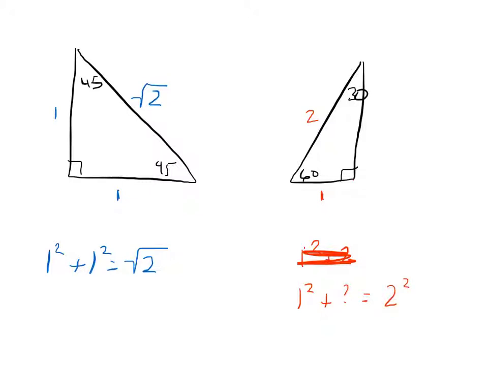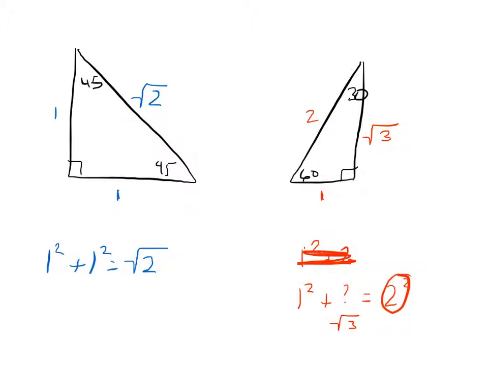So solving that, this would be 4 minus 1, so this side would be the square root of 3. So we can say the length of this side over here is the square root of 3. So in a 30, 60, 90 triangle, using those basic numbers, we can say this side is 1, this will be double that, 2, and this will be the square root of 3.